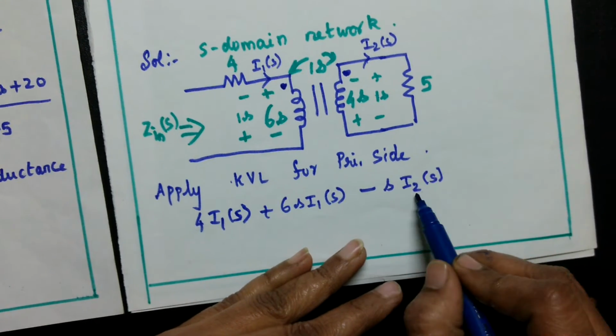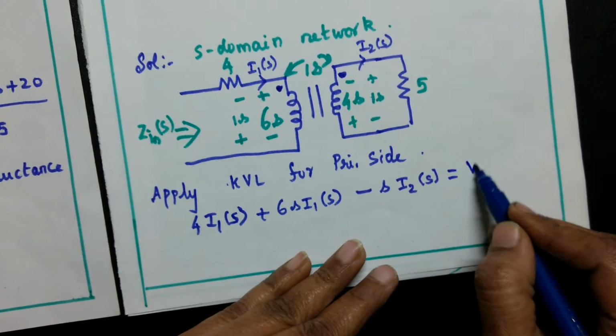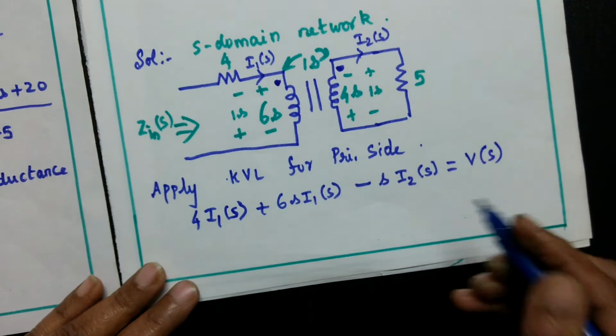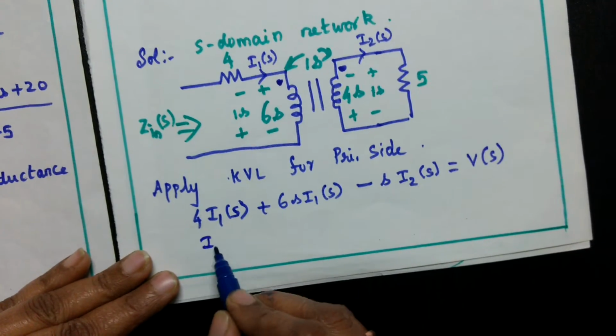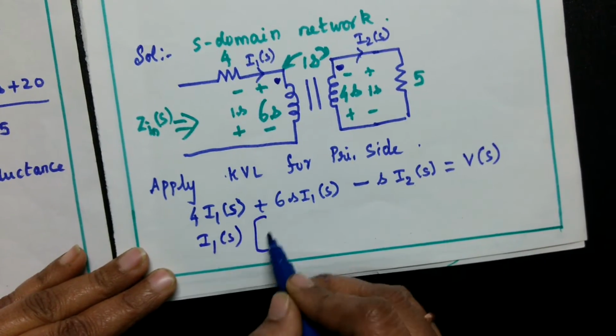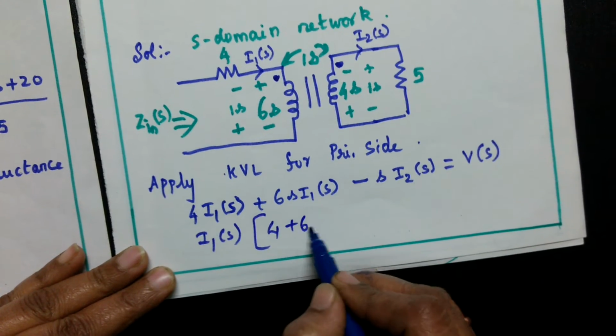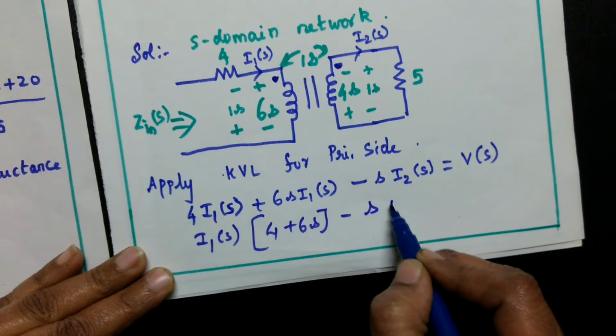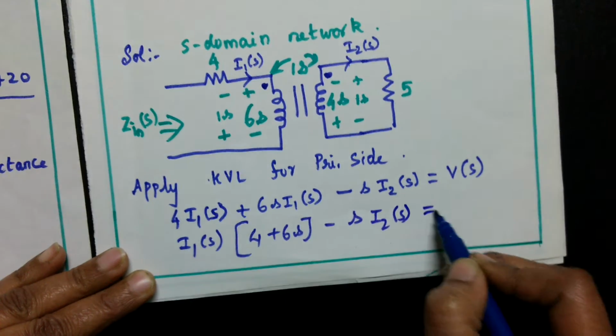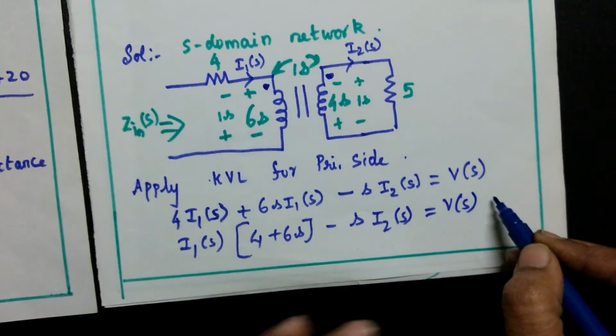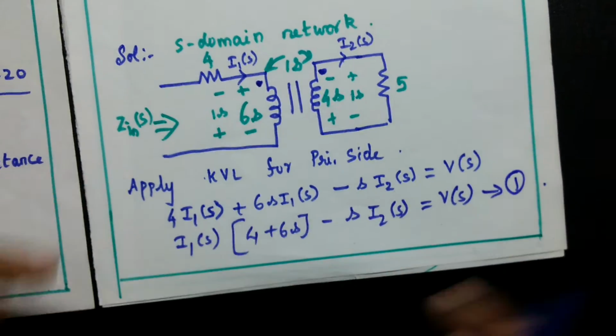So minus S into I2 of S, that is equal to V of S. Okay. So simplifying this, I1 of S is taken as common. So I1 of S into 4 plus 6s minus S I2 of S equal to V of S. So take this as first equation for the primary side.